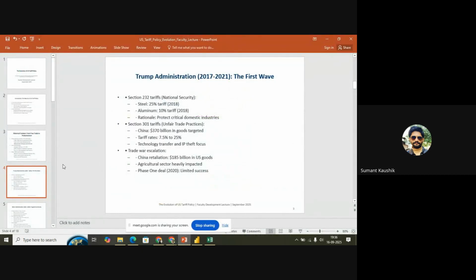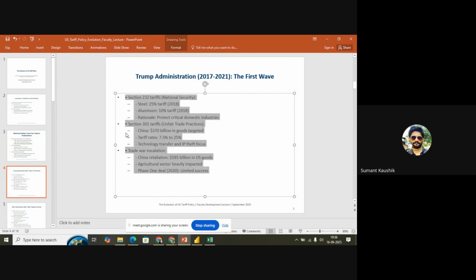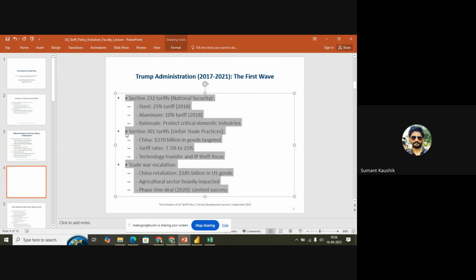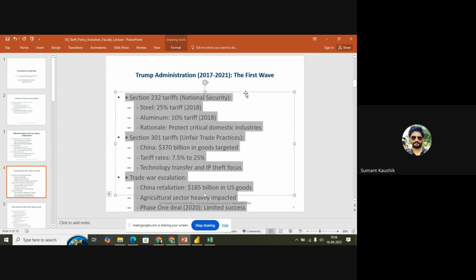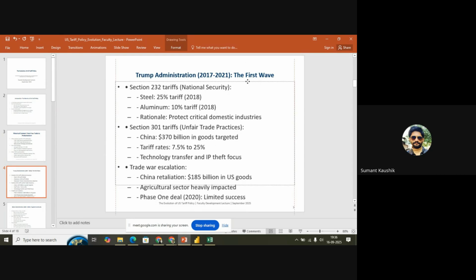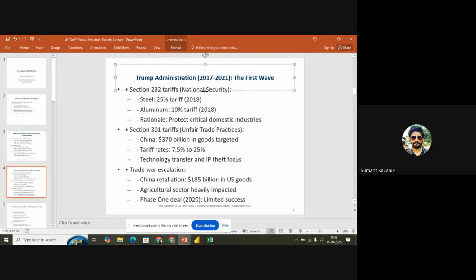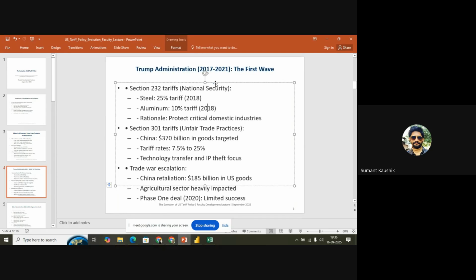Now we go to another aspect. What was the Trump administration from 2017 to 21? I just increased the font size so that everyone can see. This was the first wave of tariffs, which came up as a protectionist policy in the Trump administration.